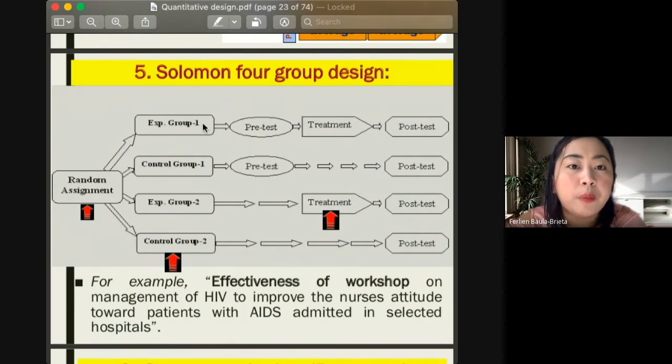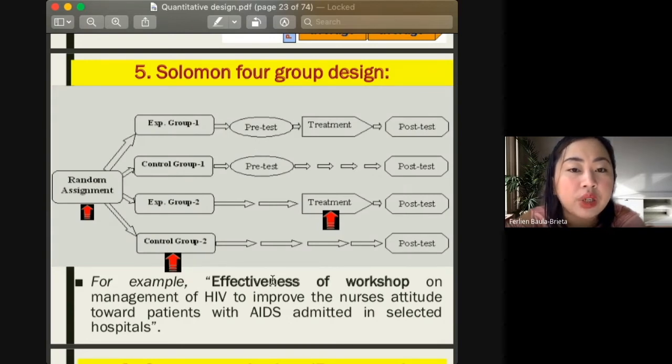So in group 1 of both experimental and control group, it will perform the pre-test, while group 2 will proceed with the treatment. So as you can see, the general picture is just the combination of number 1 and number 2, the pre-test, post-test, and the post-test only. So this is called the Solomon 4 group design.